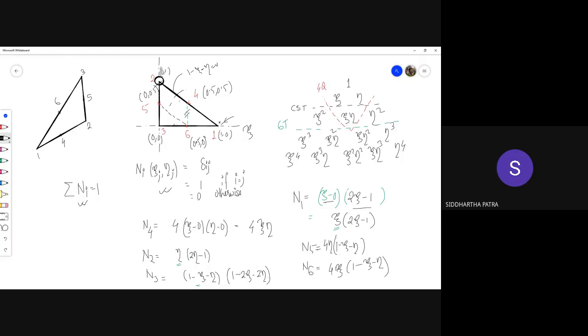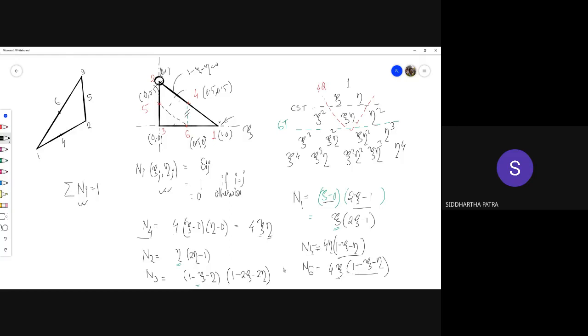Simply by looking at how N5 and N4 turned out, you see with the CST element the shape functions were xi, eta and 1 minus xi minus eta. And the shape functions that are unity at the mid side nodes also turned out to be composed of the shape functions from the CST.